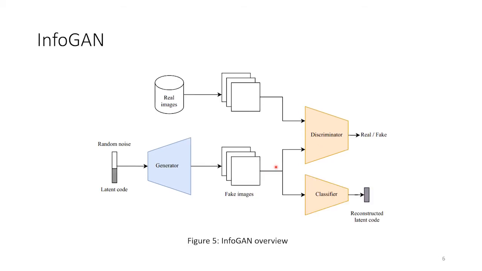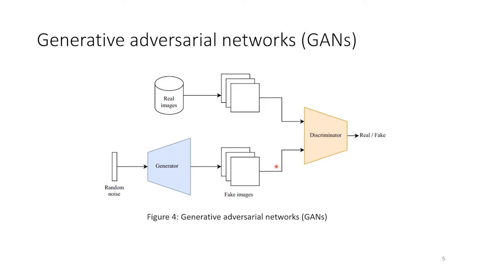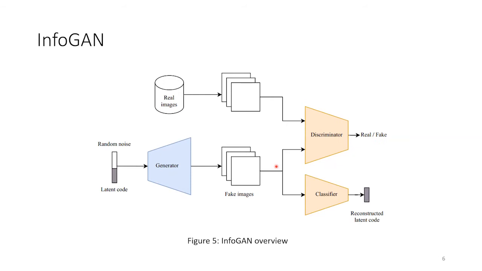That was the original generative adversarial network, the original GAN. Then we have InfoGAN, which is an extension of GAN. Here, the generator also learns to generate fake images, but they add another network, a classifier, which learns to reconstruct the latent code.